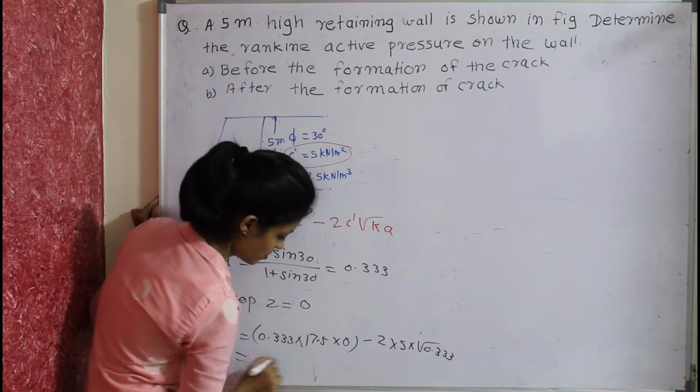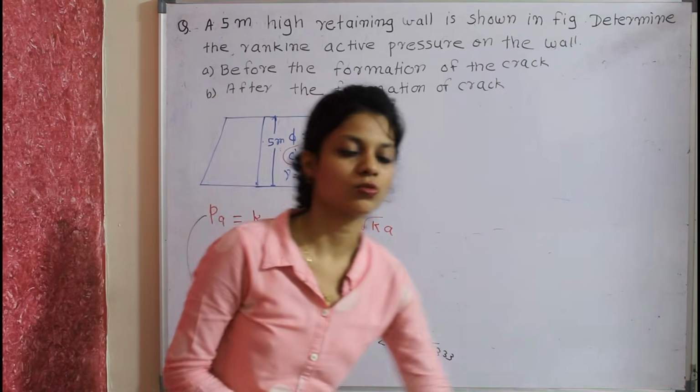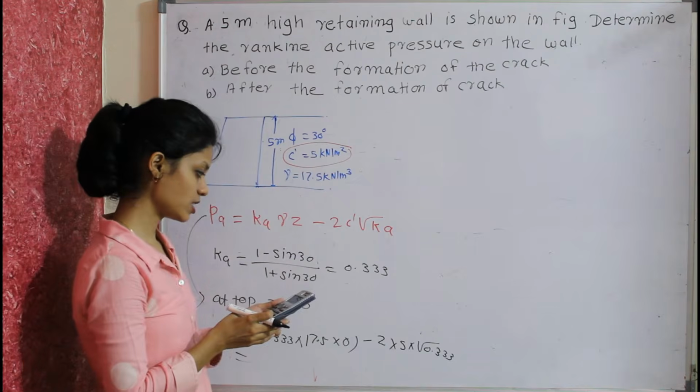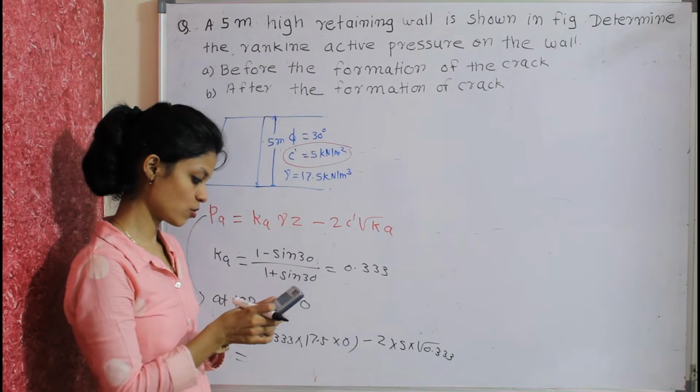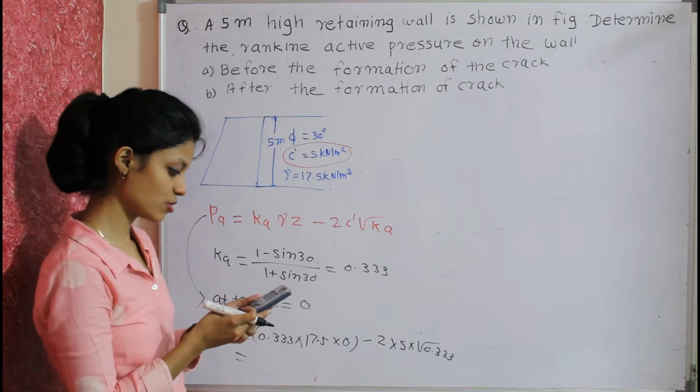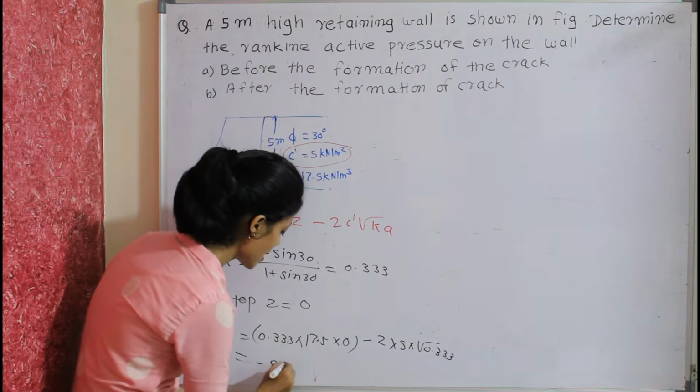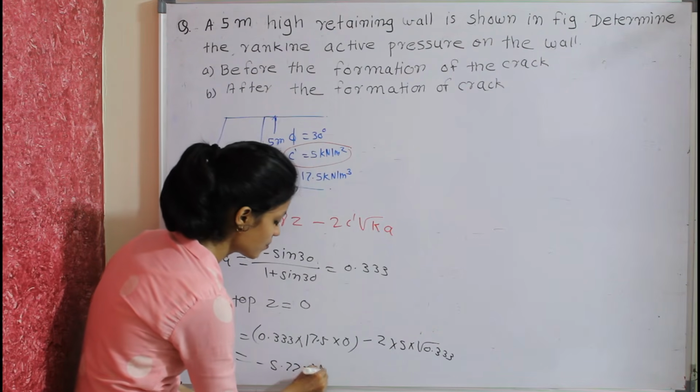The first term becomes 0 because 0 into anything is 0. The second term is minus 2 into 5 into root of 0.333, which is minus 5.777 kilonewton per meter square.